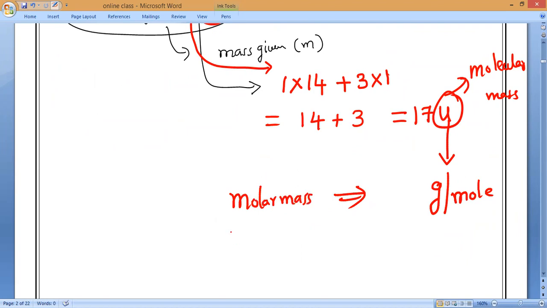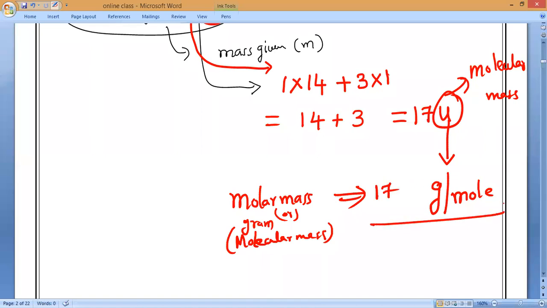It is also called gram molecular mass. That is what you have to remember. Molar mass equals 17 gram per mole. Like this, we first find the molar mass, and later we find the number of moles.